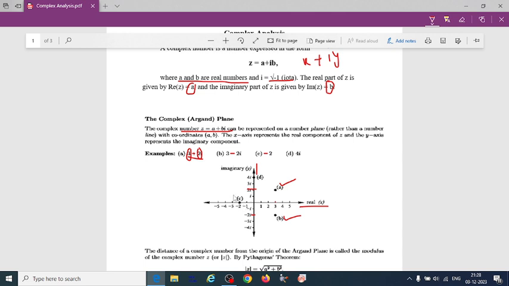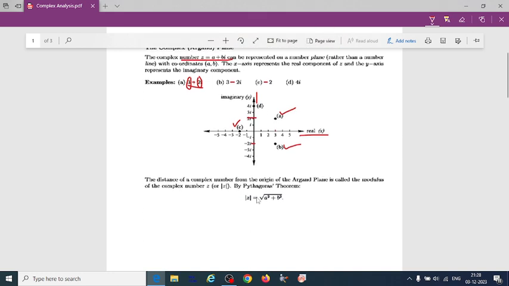So minus 2, this is how we can represent the real and imaginary parts of z in a plane. The fourth one, 4i, is on the imaginary axis. Like that you can represent complex numbers in a plane.